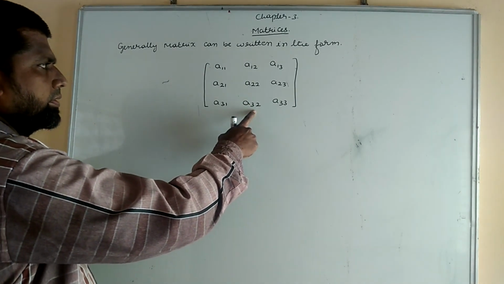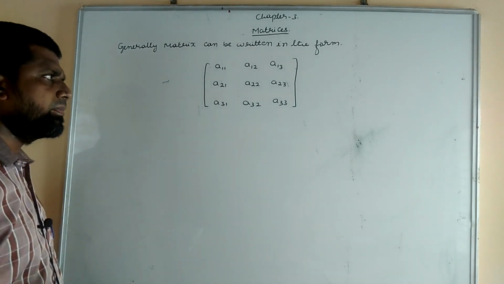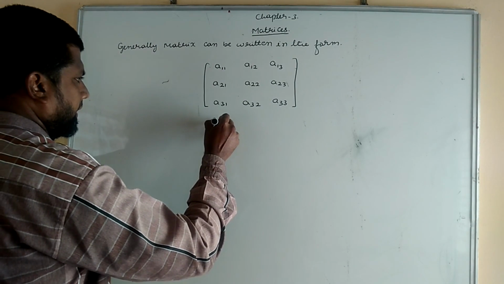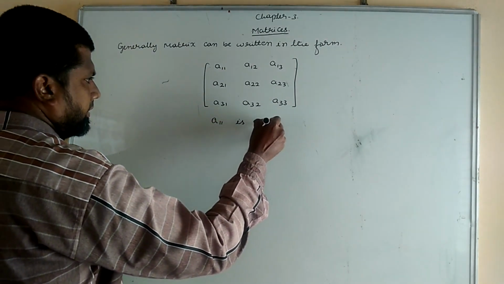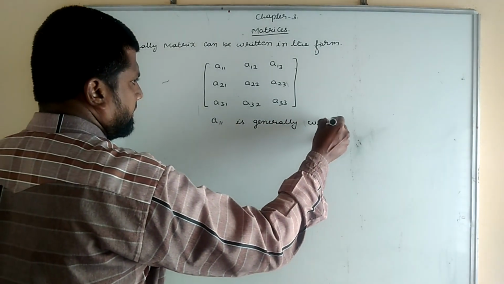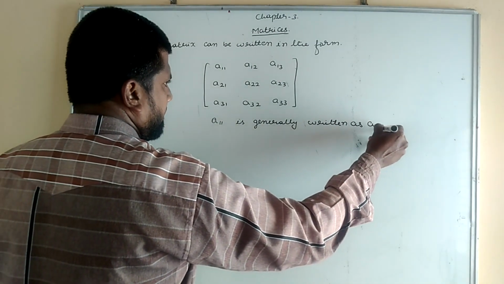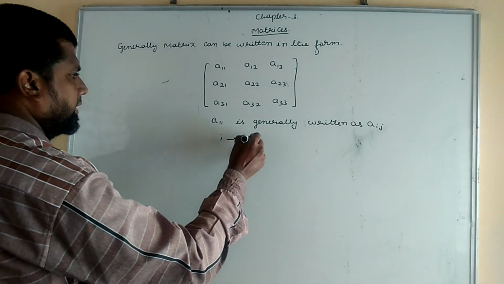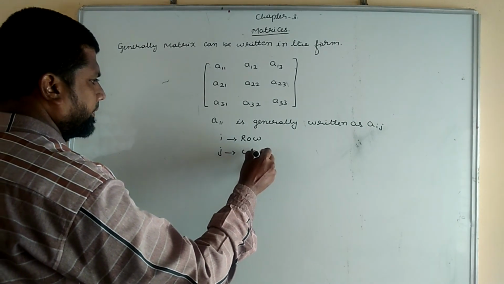A32 means third row, second column. A33 means third row, third column. So A11 is generally written as Aij. I is the row, J is the column.